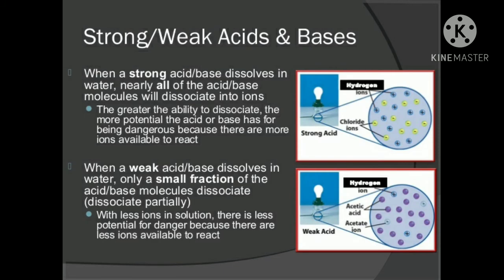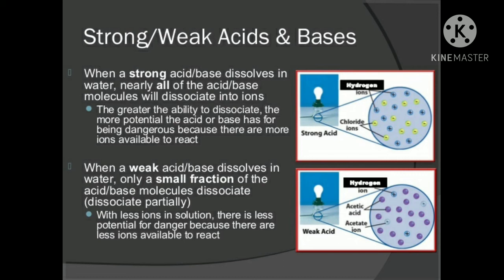Now here we are going to discuss the strength of acids and bases. The strength of an acid depends on the concentration of the hydronium ions present in an aqueous solution of the acid. Depending on that, there are two types of acids: strong acid and weak acid.